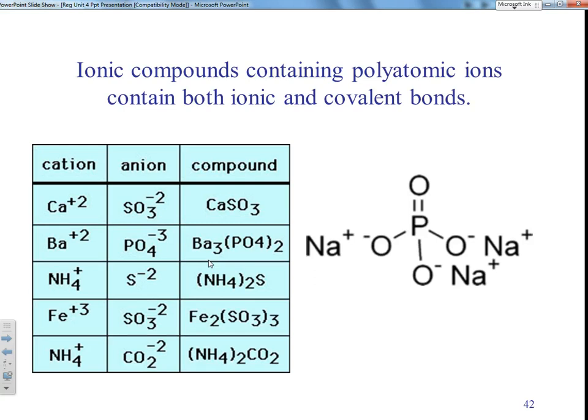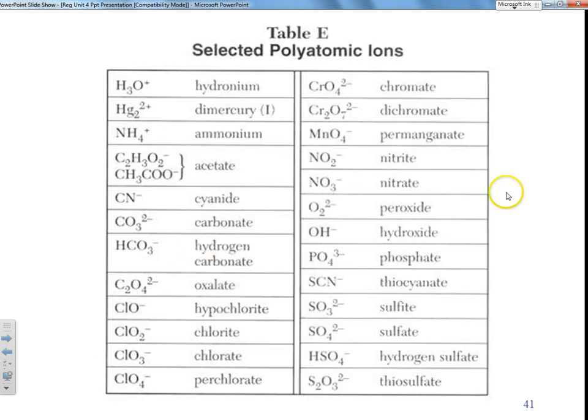So in order to recognize a compound as containing both ionic and covalent bonds, you really need to be familiar with your polyatomic ions. Anytime you see a polyatomic ion in a compound, it contains both ionic and covalent bonds.